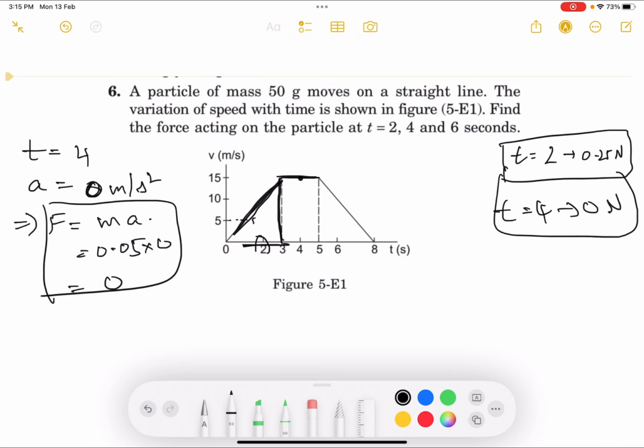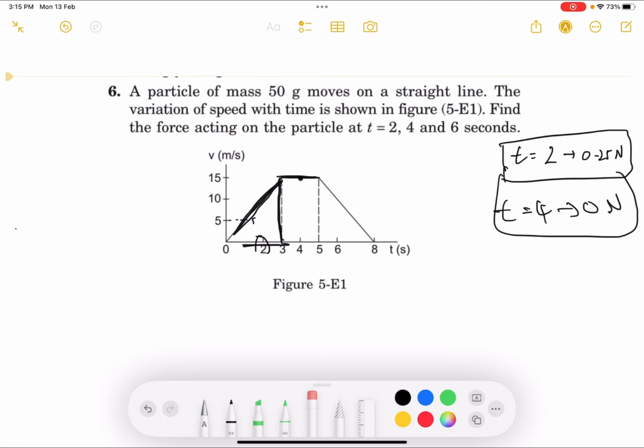Now, let's look at t is equal to 6 seconds. So at t is equal to 6 seconds we are here. So what will be the slope? The slope will be the perpendicular by base again. The perpendicular is 15 and the base is 8 minus 5, which is equal to 15 by 3.